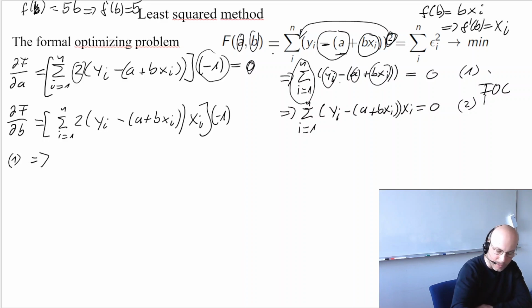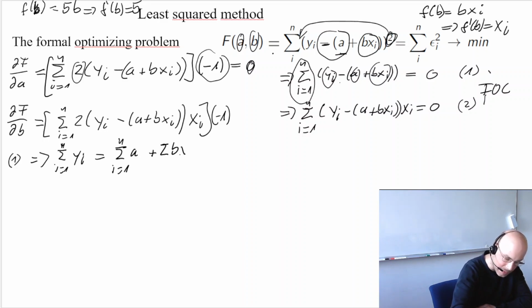So here we obtain the sum from 1 up to n of yi equals the sum from 1 to n over a plus the sum of b xi, i from 1 up to n.